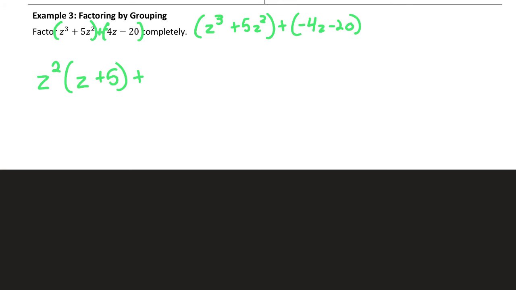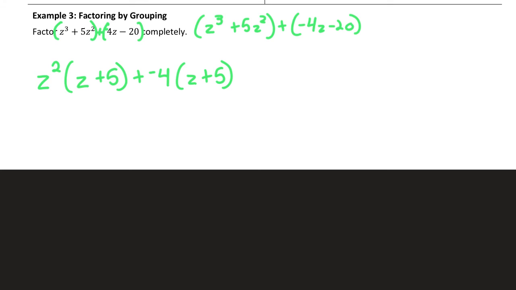But what I'm really going to do, since they're both negative, is factor out negative 4. And I'm left with z plus 5. Okay? So this is the part that's tricky, all right? The grouping isn't as bad, and the actual factoring out a greatest common factor isn't that bad. This part is what gets people.